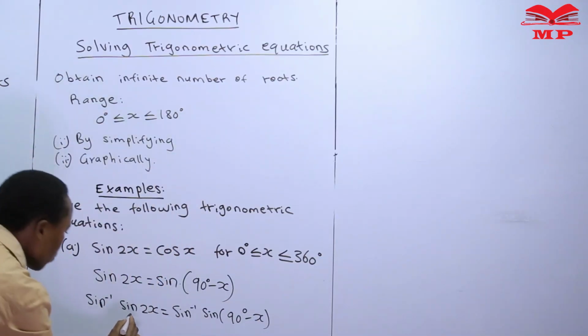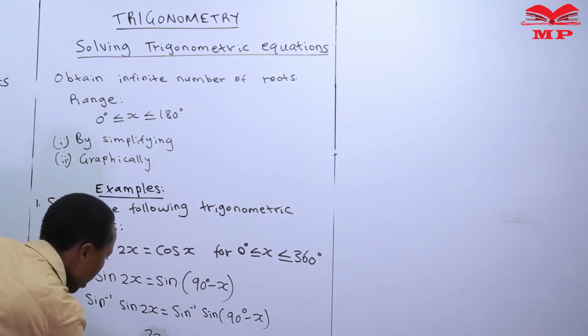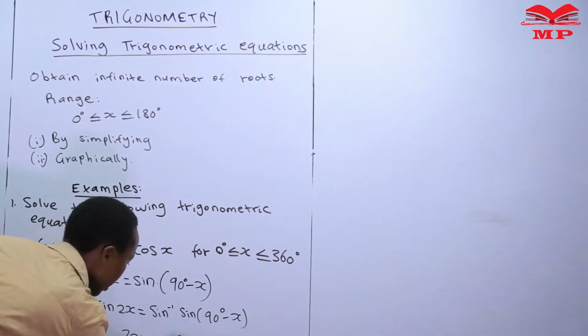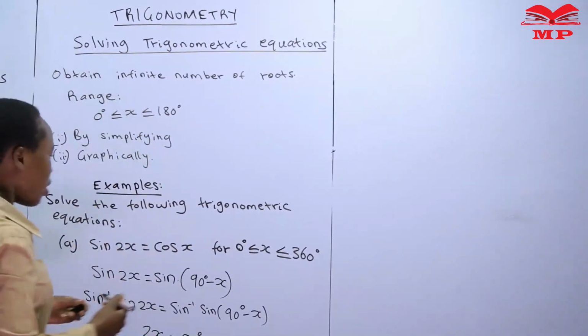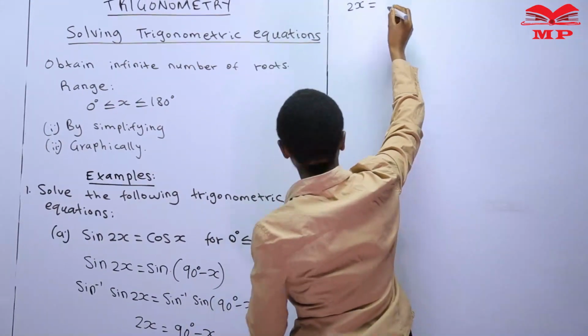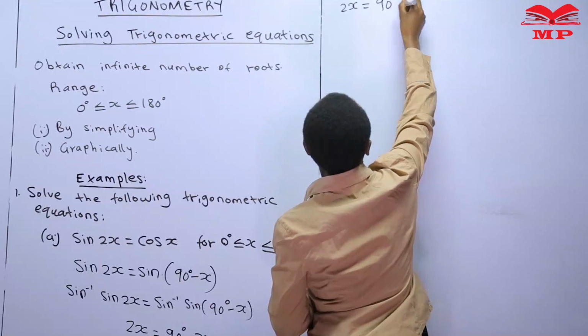So we are going to get 2x is equal to 90 degrees minus x.